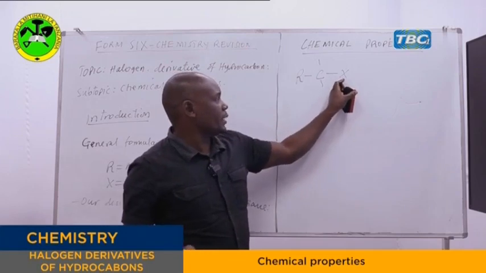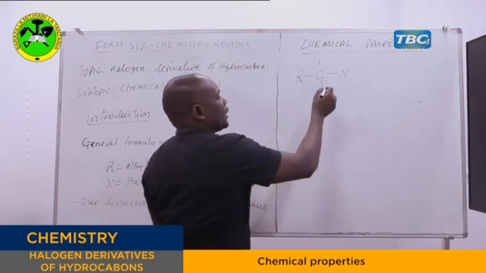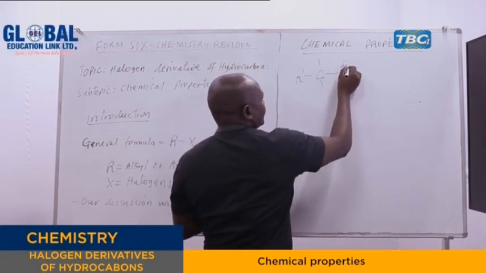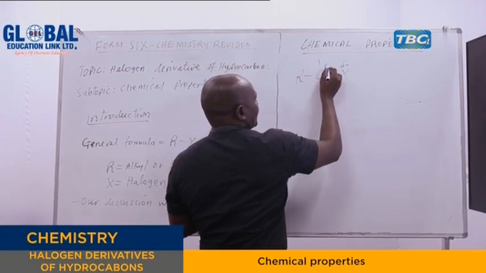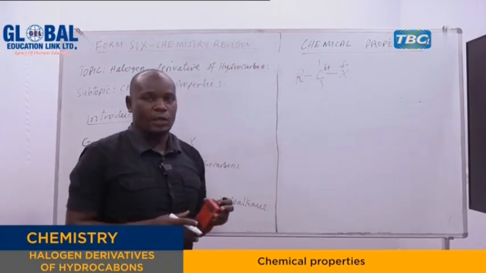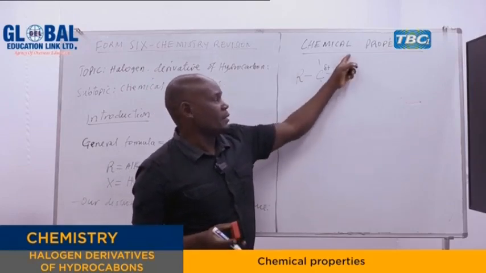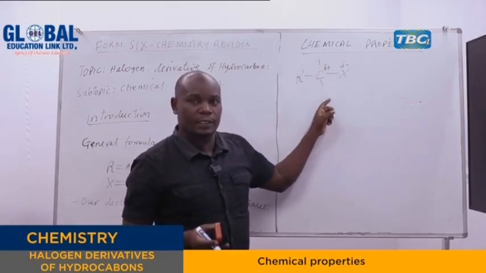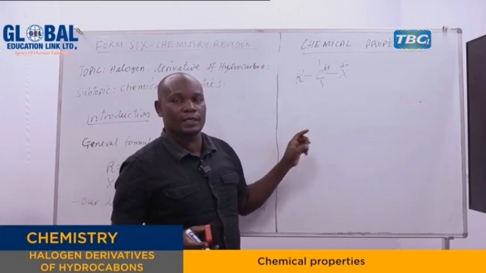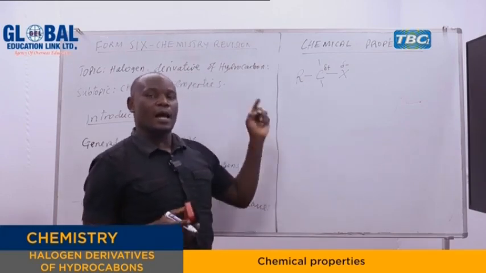Due to the higher electronegativity of halogens, the halogen becomes partially negatively charged and the carbon becomes partially positively charged. That is where the reaction takes place, and that is what makes it more reactive than the corresponding alkane.